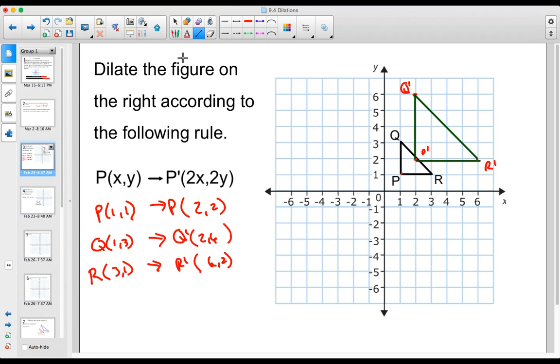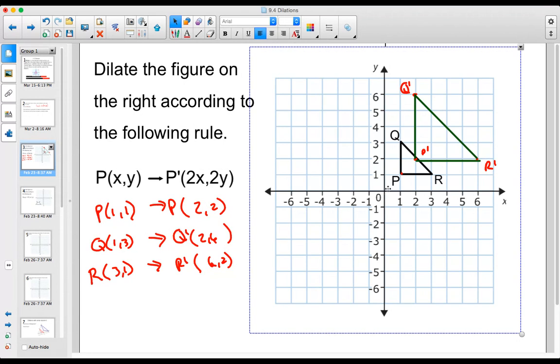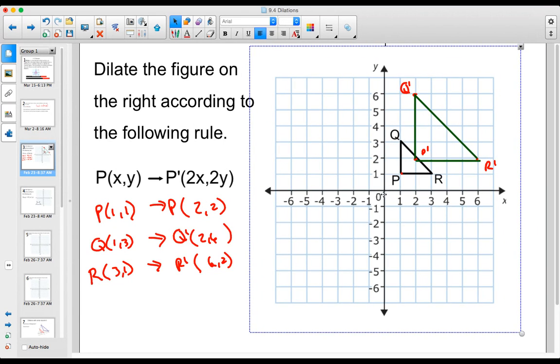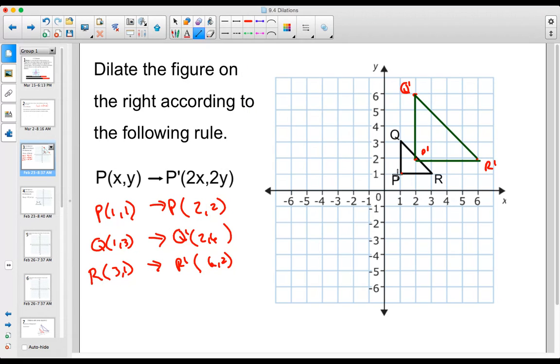Unless it states otherwise, you're dilating everything from the origin, so everything is extending from the origin out. What's kind of neat is you can always draw a line from the origin, and it should go through both your original point and the dilated point, because it's all extending from the origin. There's one example.